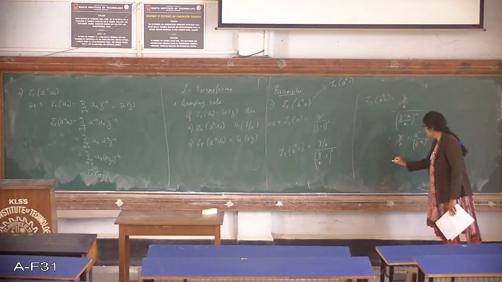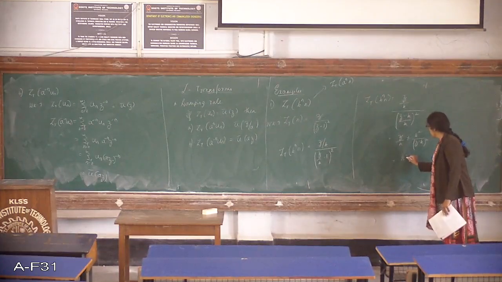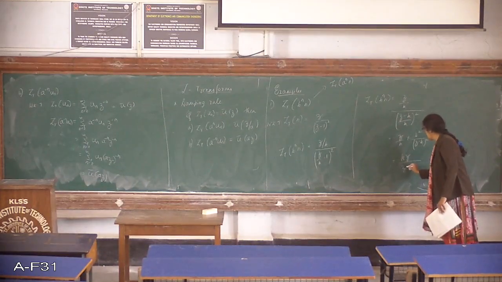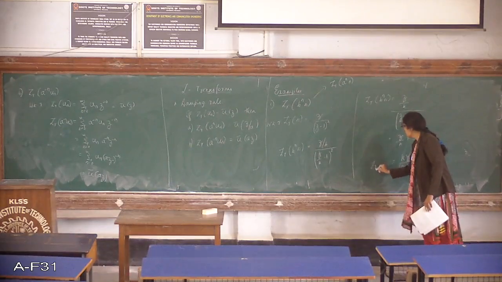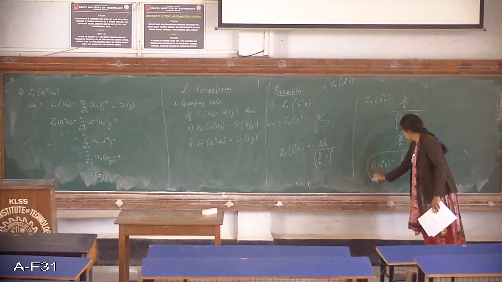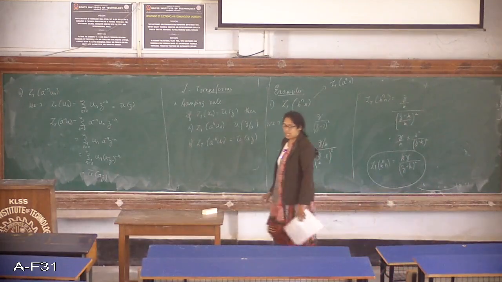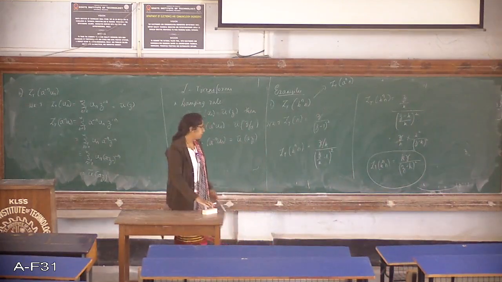So furthermore, you can see one of the k's is getting cancelled. So we shall be left with kz by z minus k the whole square. This is what we have as the z transform of k raised to n into n. You can see the effect of damping on the function n.